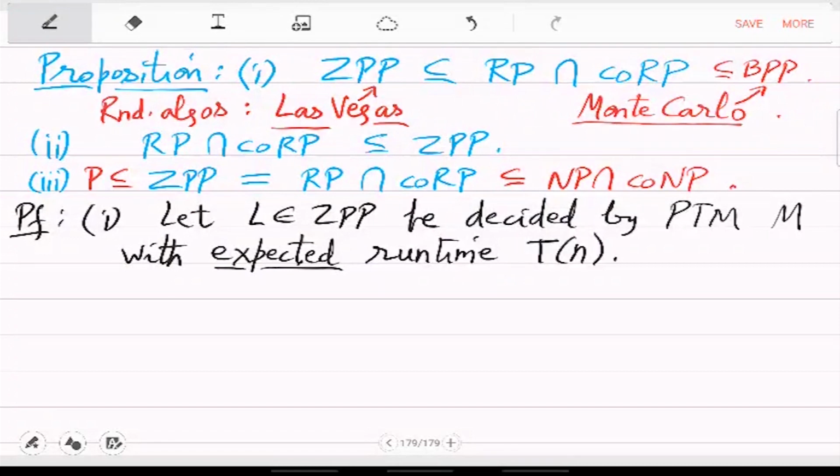Now you want to show that L is in RP. So let's do that given algorithm.